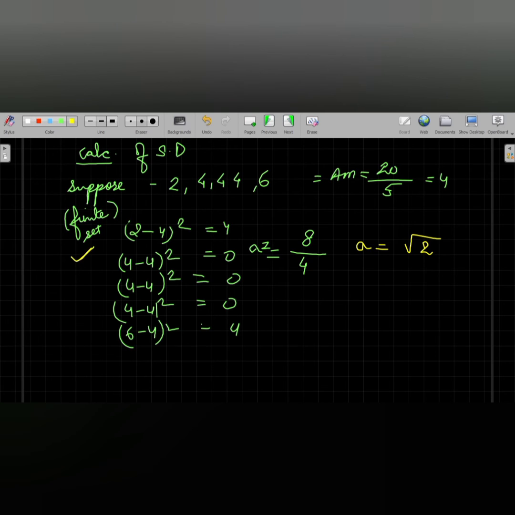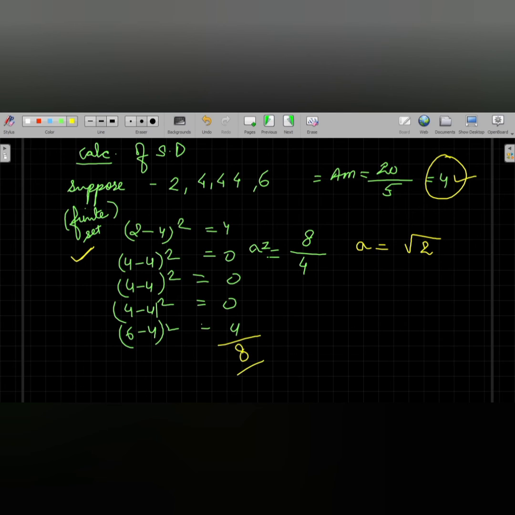We will calculate the square of the deviation. First we calculate the mean. The mean is 4, and then we calculate the deviation. We square the deviation, and after squaring we add up.